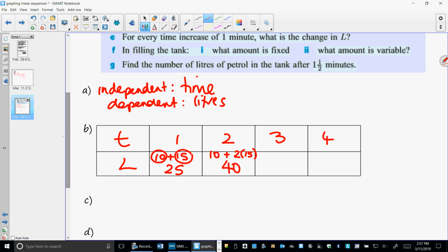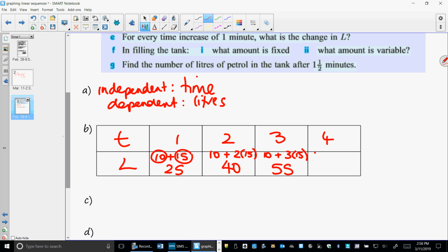For our third minute, we would have 10 litres plus 3 lots of 15. So 3 lots of 15 is? In total, it will be 55, yes.